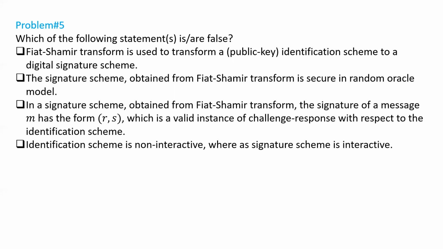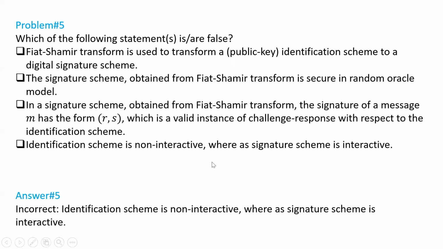So the signature scheme is non-interactive and the identification scheme is interactive. So this is reversed actually. The last statement is wrong. The only false statement here is the fourth statement. The identification scheme is interactive, whereas the signature scheme is non-interactive.